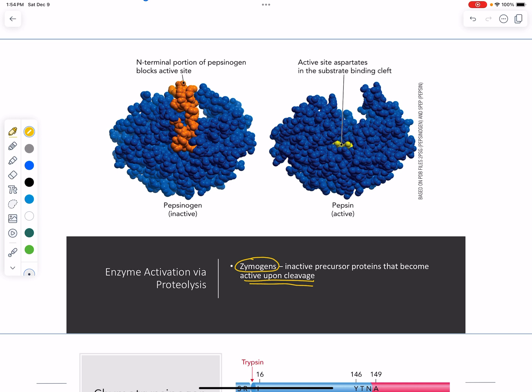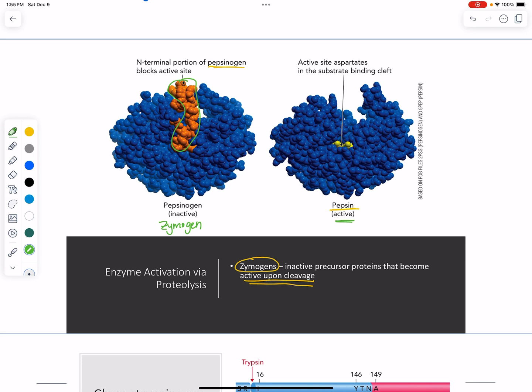So if we look at pepsinogen, it's another enzyme whose job it is to, the mature enzyme, the active enzyme pepsin, is an enzyme that cleaves peptide bonds in other molecules. But to become activated itself, you have to cleave this N-terminal portion of the precursor molecule. So pepsinogen is the zymogen form of pepsin, which is the active form of the enzyme.